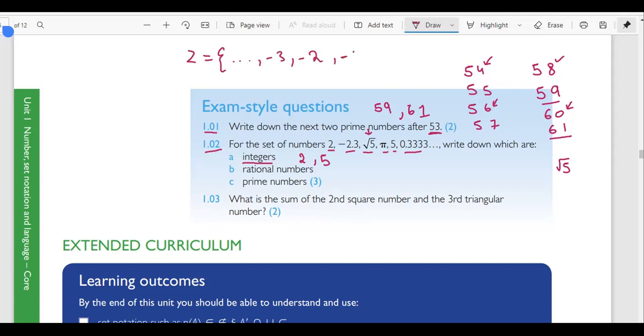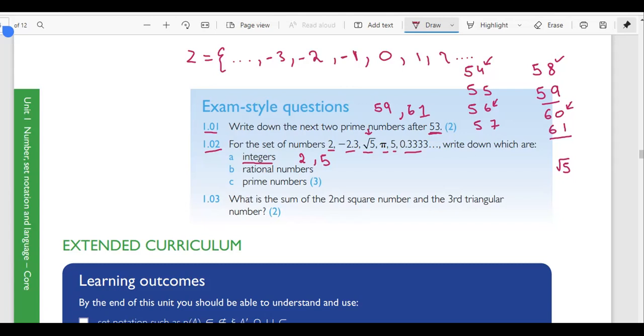We have 0, and we have all the positive whole numbers like 1, 2, and so on. So in the set of integers, we have both negative and positive numbers. If we talk about positive integers only, then we'll have positive numbers. If we talk about negative integers, we'll have negative only. But for integers, the only condition is it should be a whole number.